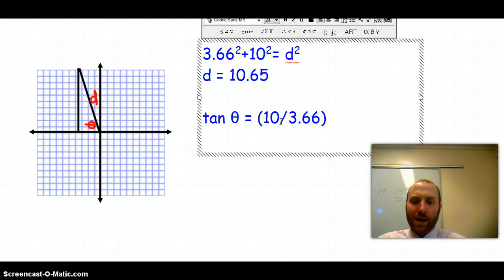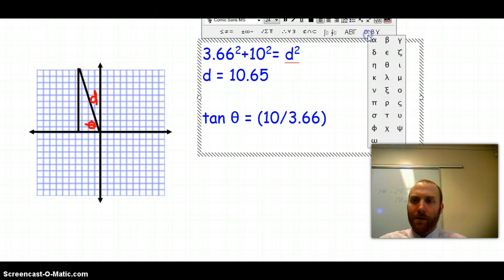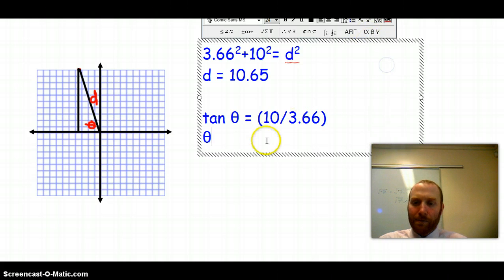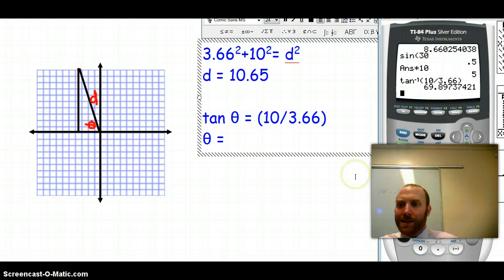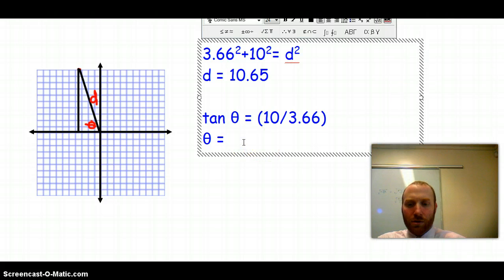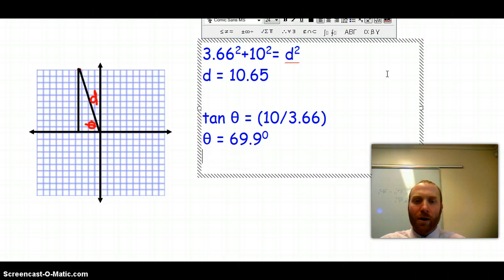I do the inverse tangent on my calculator, and theta I ended up with 69.9 degrees. And that leaves me just writing my answer in proper form now.